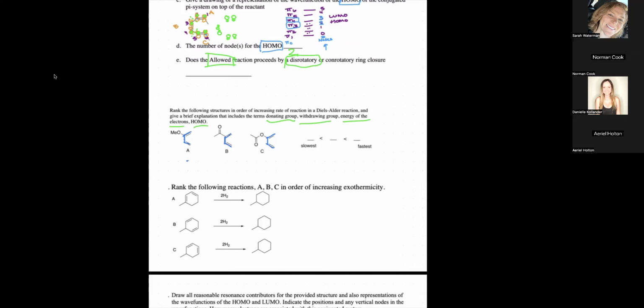Not as far as A, B, or C, but when you're thinking about these terms: donating group, withdrawing group, energy of electrons, HOMO, LUMO, all of those. What would give a slower reaction, a donating group or a withdrawing group?